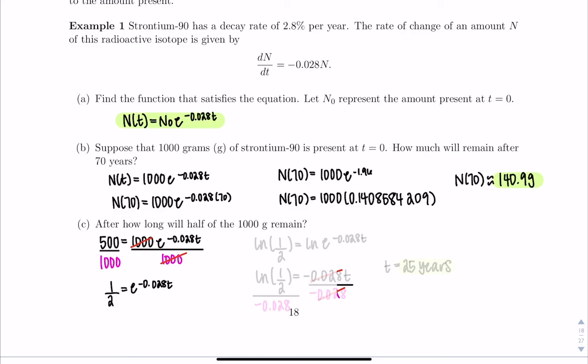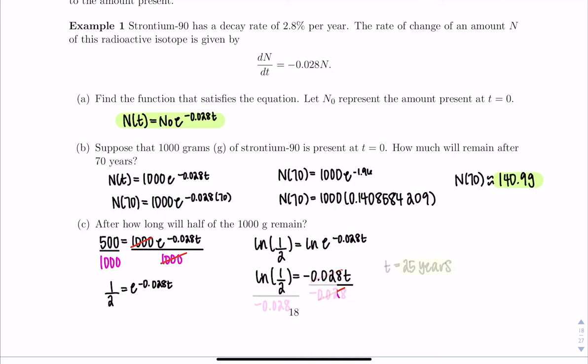To get the t out of the exponent, we need to take the ln of both sides. So we take the ln of 1/2 equals the ln of e^(-0.028t). So we have ln(1/2) equals, the ln and the e essentially cancel, and we're left with just the exponent.